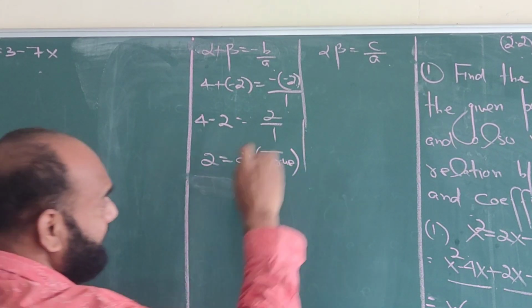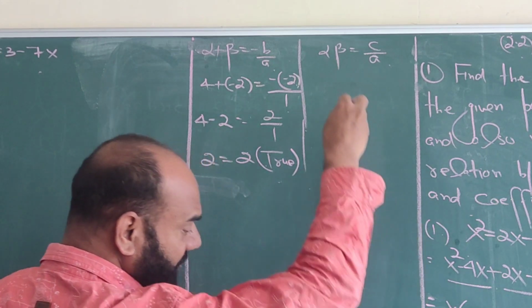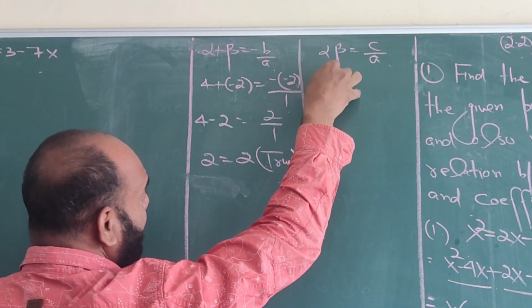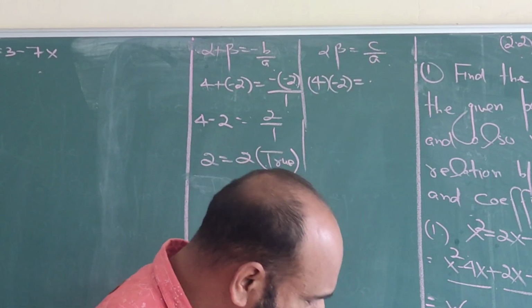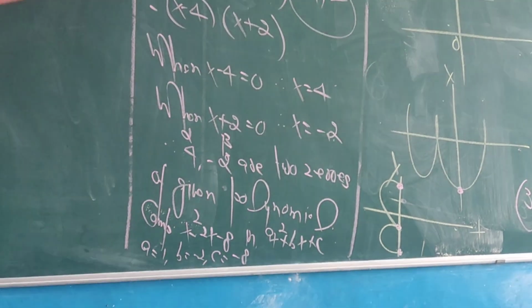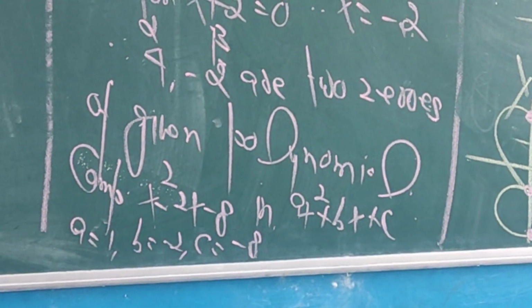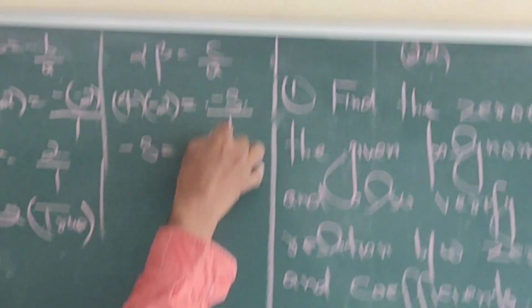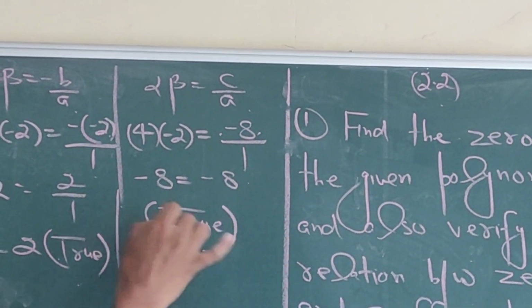And the second relation, alpha into beta. The value of alpha is 4 and the value of beta is minus 2. And then c is minus 8 and a is 1. 4 into minus 2 is minus 8, and minus 8 upon 1 is also minus 8.